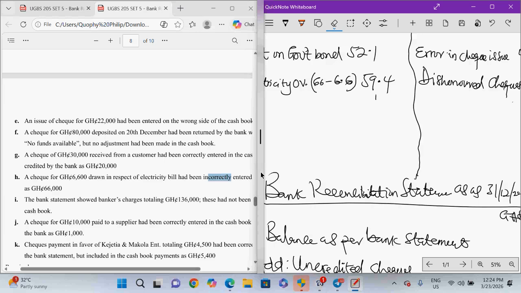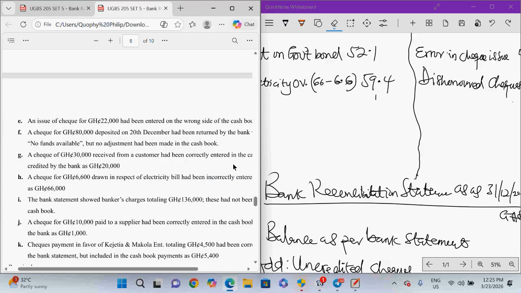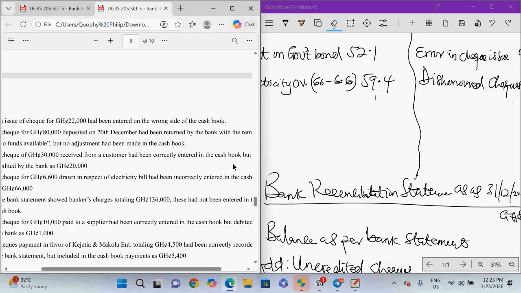The bank statement showed bankers' charges totaling 136,000. This had not been entered in the cash book. Okay, so if it has not been entered in the cash book, what do we do to correct it? We enter it in the credit.